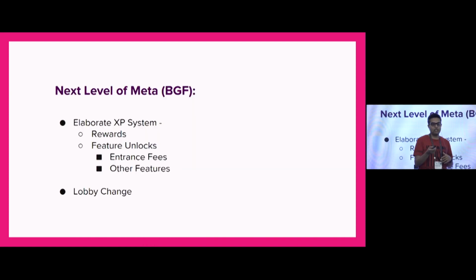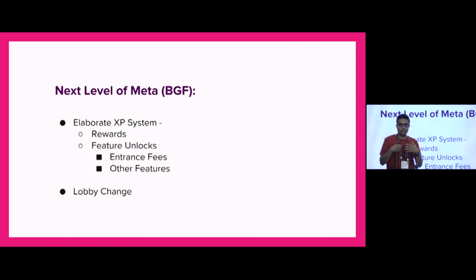Then the second layer of meta, this isn't implemented yet. I'm just sharing a few secrets of what's going to be coming soon. In backgammon, we're working towards a more elaborate XP system. Currently, the XP system in our game is very box standard. You gain XP, you gain a level, and that's pretty much it.